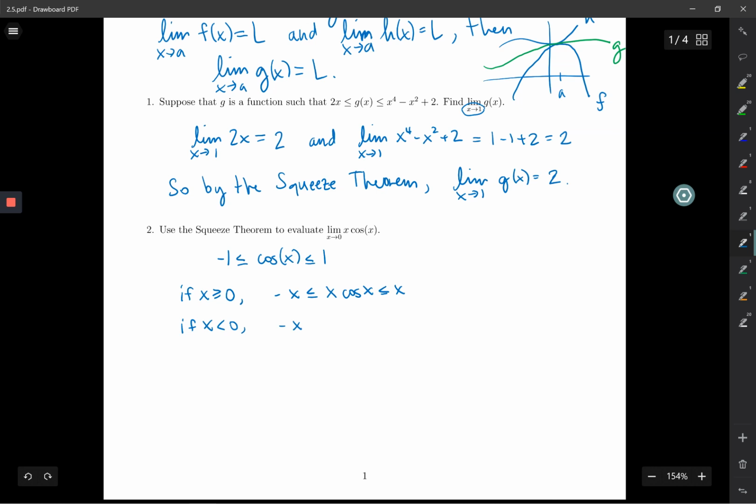So we get negative |x| is greater than or equal to x cosine x is greater than or equal to x, like that. Okay?